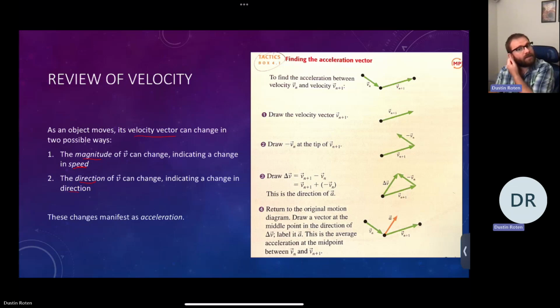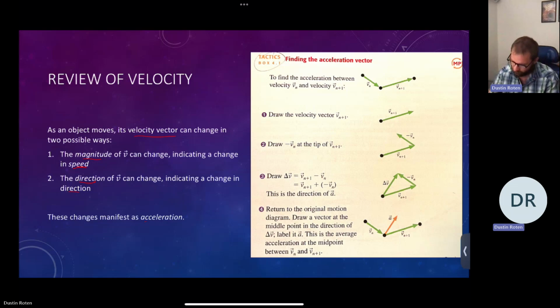Now these changes manifest as an acceleration. Anytime we see an acceleration, or see speeding up, slowing down, change in direction, that's all the same thing. That's how we know these changes are happening: there's an acceleration. Now let's think about how we actually calculate that acceleration vector. Let's say we have to find the acceleration between some velocity and then some velocity at a later time.